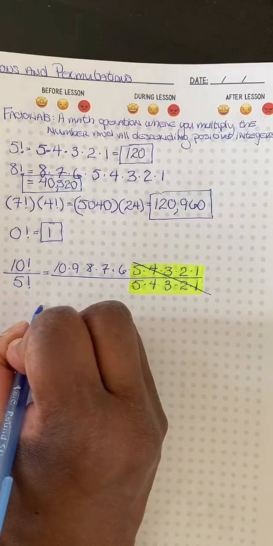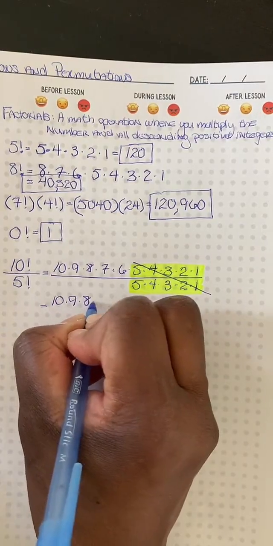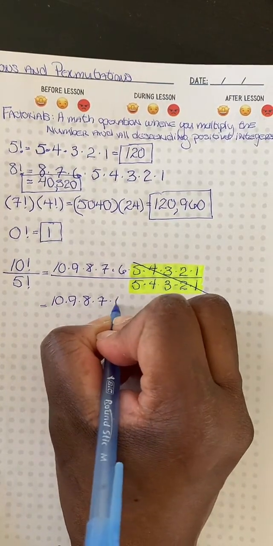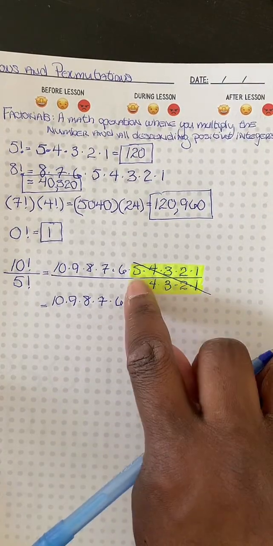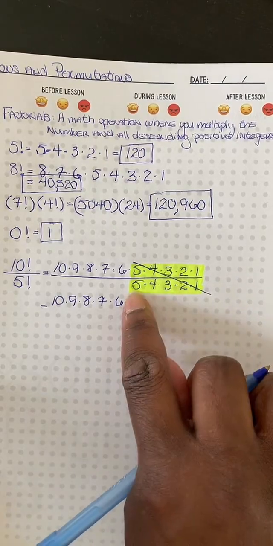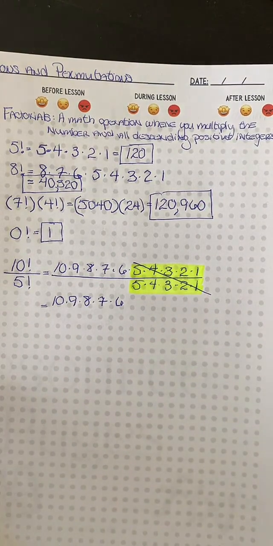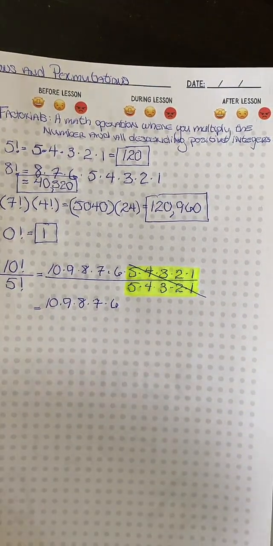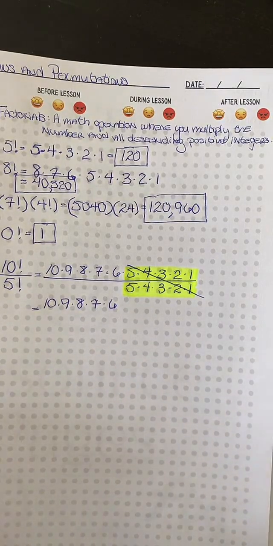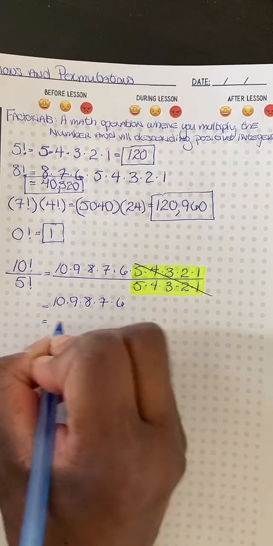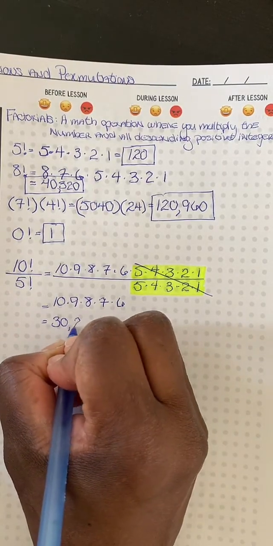So all that you're left with is your 10 times 9 times 8 times 7 times 6. Because these two, the 5 factorial and the remaining part of the 10 factorial, are exactly the same, you can divide it out, which will give you 1. So now all you have to do is 10 times 9 times 8 times 7 times 6. And that will give you a total of 30,240.